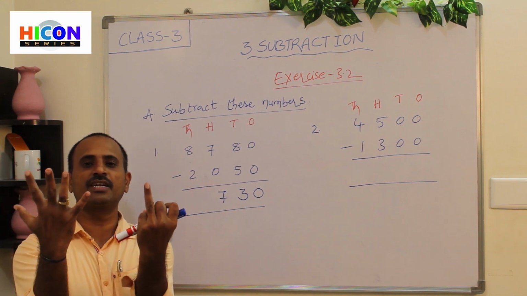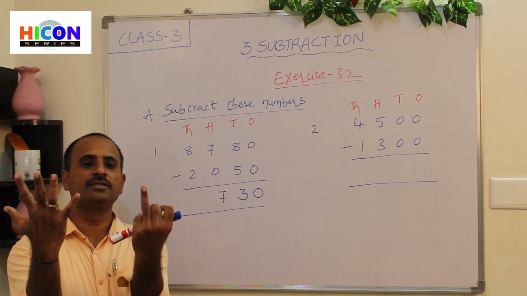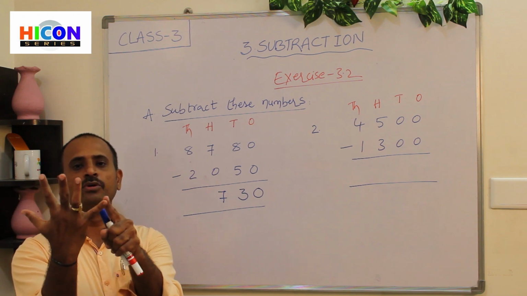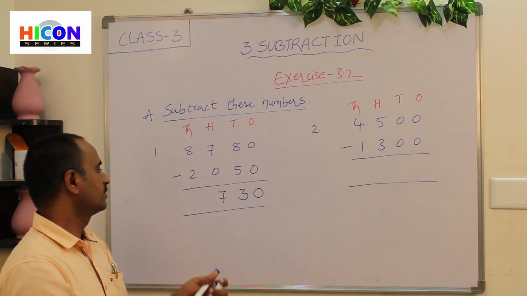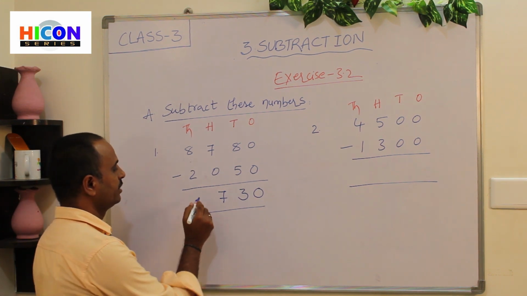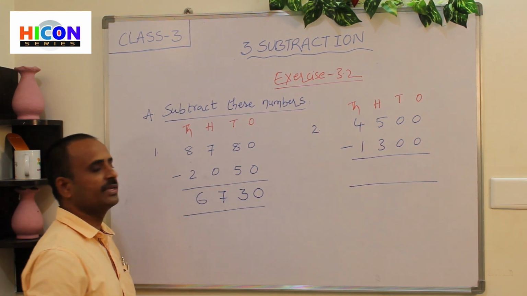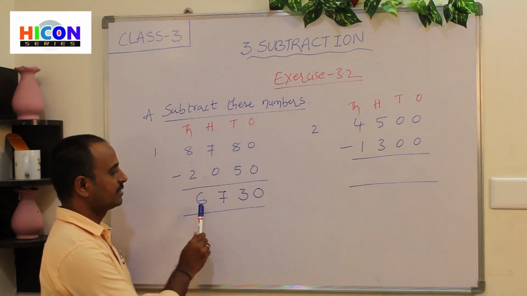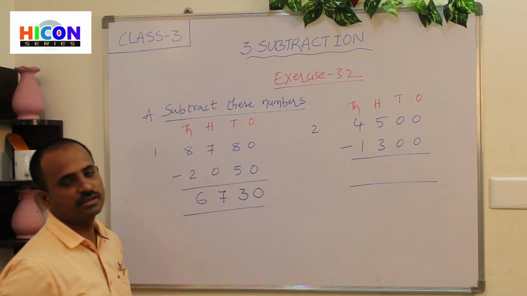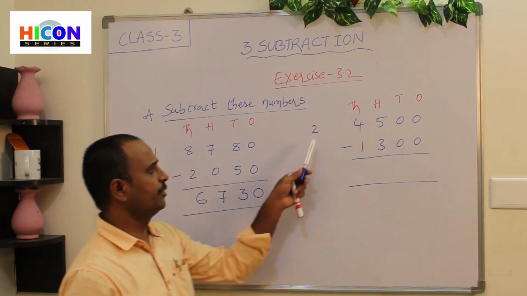Children, how many fingers are left? Count these: 1, 2, 3, 4, 5 and 6. So there are 6 fingers remaining. Write 6 under thousands place. Children, this is the answer: 6730 is the answer.